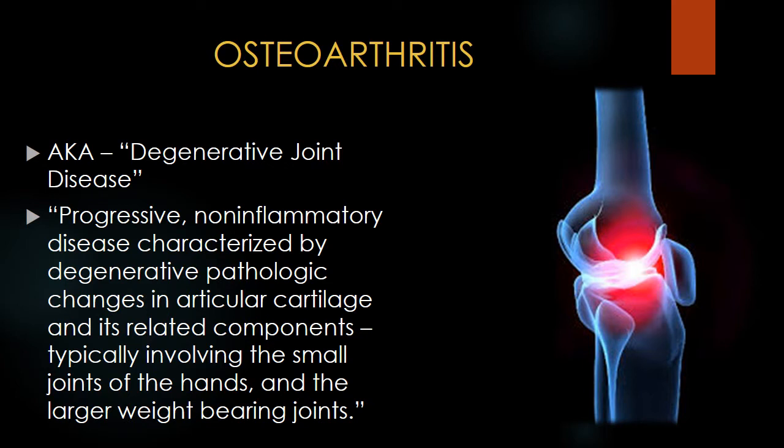Typically, we're going to see osteoarthritis or degenerative joint disease in the spine, in the hips, in the knees, and then to a lesser extent in the ankles, and then to a much lesser extent in the upper extremity articulations that are subject to a lifetime of repetitive motions, such as the shoulder joint and the hands, the glenohumeral joint, and then the small joints of the hand and fingers.